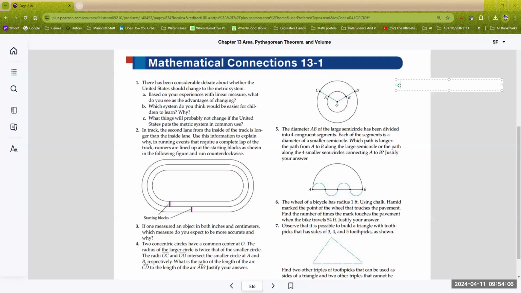The whole circumference is 2 times pi times r for the smaller circle, but you're taking a portion of it based on this angle, AOB. You could just say 60 degrees, so put 60 over 360.